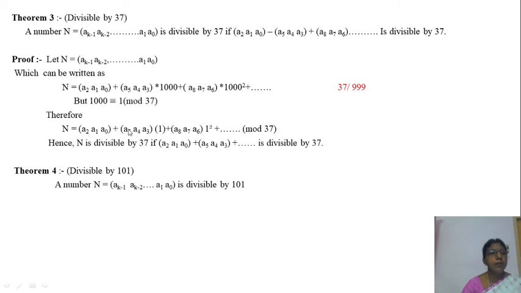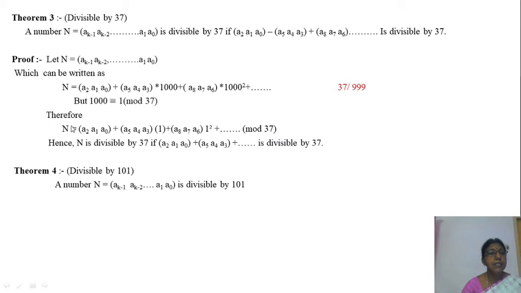Now n is equal to a2 a1 a0 plus a5 a4 a3 into 1 plus so on. Since 1000 is congruent to 1 mod 37, in place of 1000 we write 1 mod 37. Next, this bunch into 1000 squared means 1 squared mod 37, like this.